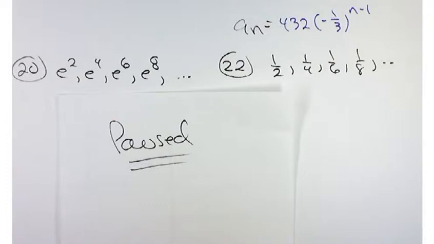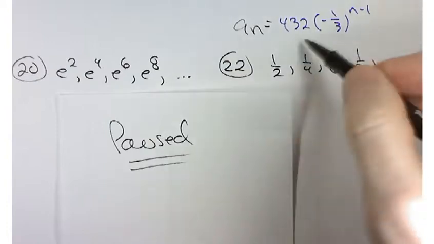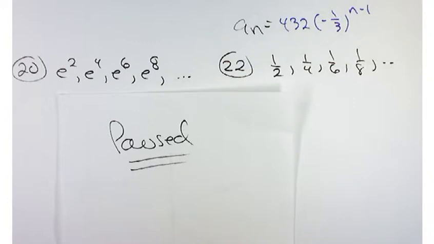Figure out if these are geometric sequences or not. If they are, write down the general form of that geometric sequence, much like we did in problem 16.